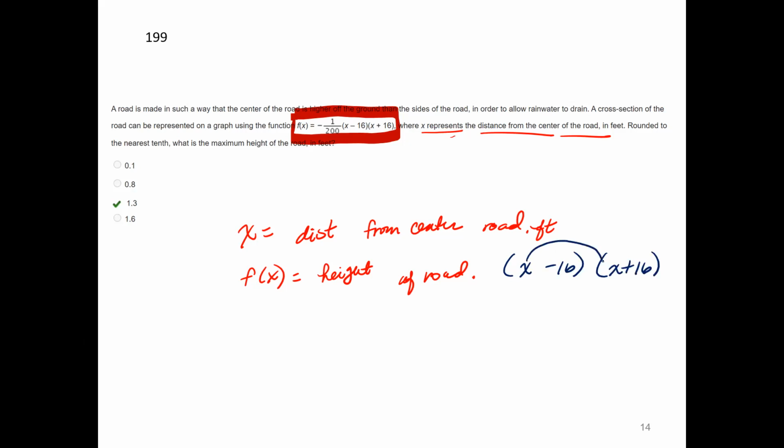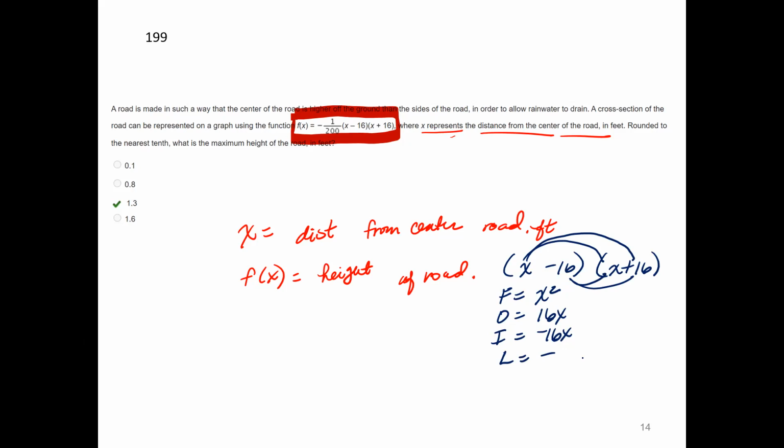So multiply the first, F stands for first, is X squared. Outer, which is the outside numbers, is going to give you 16x. Inside numbers are the two numbers on the inside. It's going to give you a negative 16x. And your last numbers are going to be negative 16 times 16, which I don't know what it is.